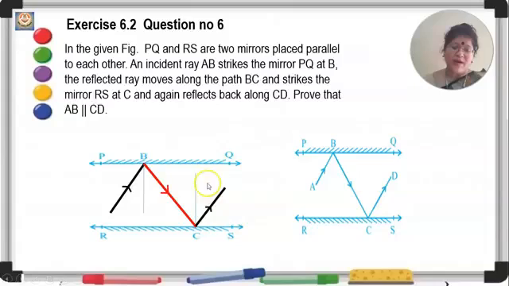Okay, and when there is an incident ray and a reflected ray, the angle that is formed in between, you will notice that they will be congruent. That is, the incident angle here, that is I, will be congruent to the reflected angle, that is R. So you have the incident ray, the reflected ray, and the angle formed in between, the incident angle and the reflected angle will always be congruent.